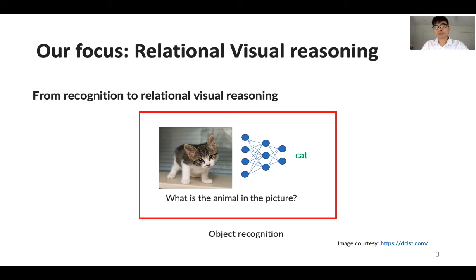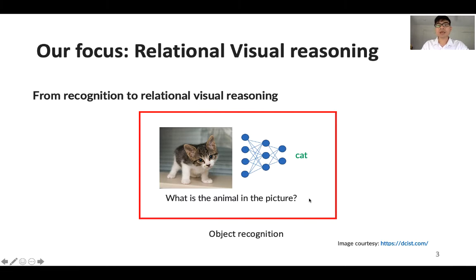The object recognition tasks that we usually deal with in computer vision can be formed as a visual question answering task, where the question is what is present in the image, or in this example, what is the animal in the picture.